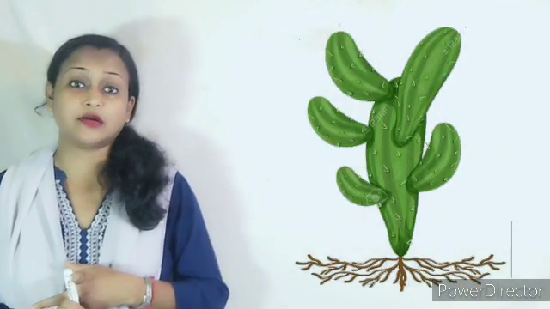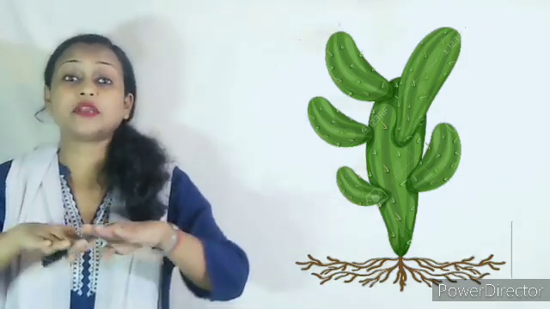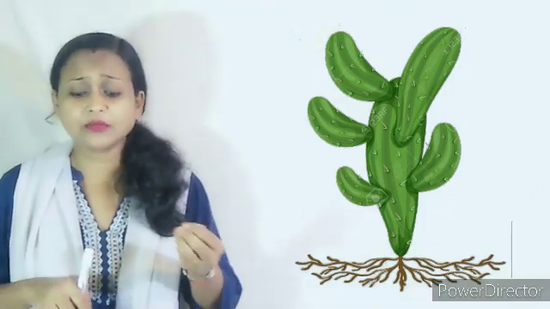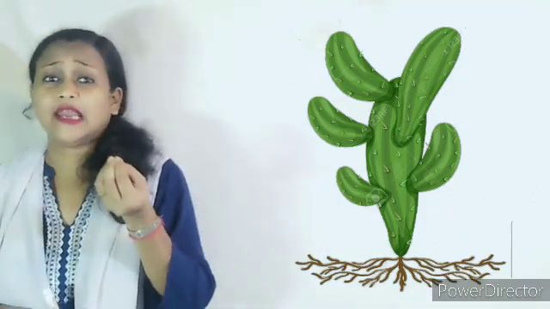Then the next adaptation of the cactus plant is the roots. The roots of this plant spread close to the surface of the ground. They don't go deep into the ground. Why? Because there is very little rainfall in the desert.